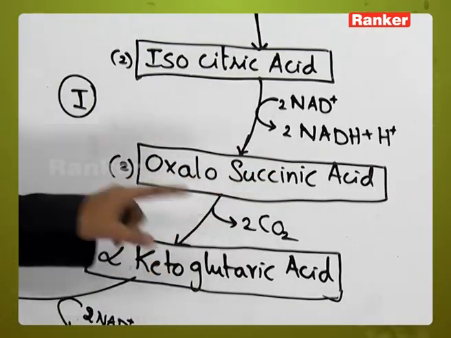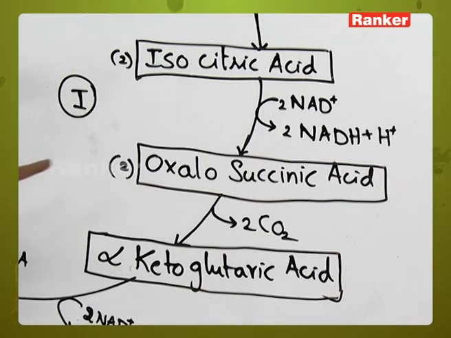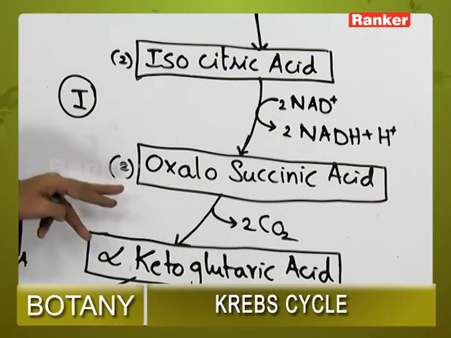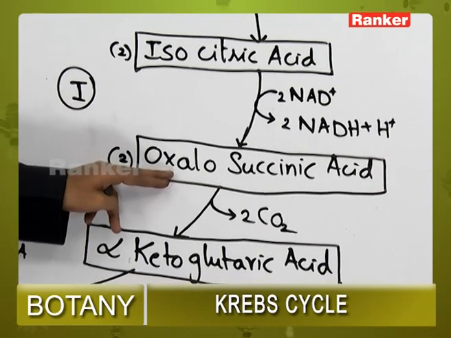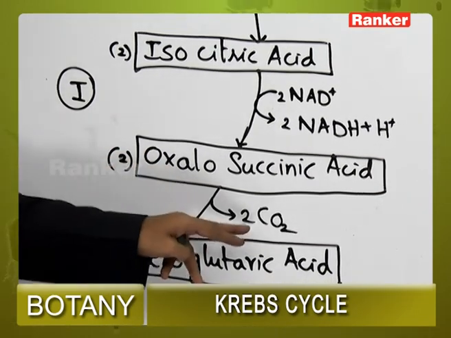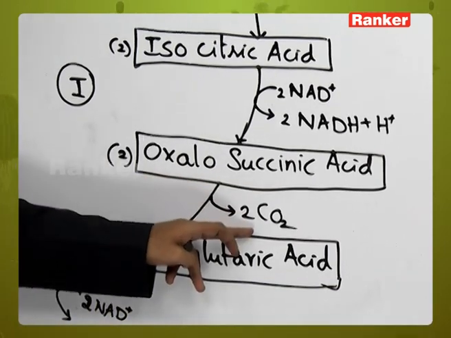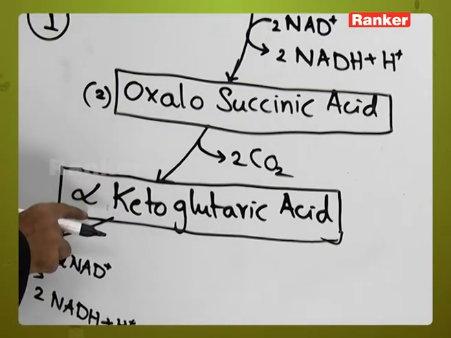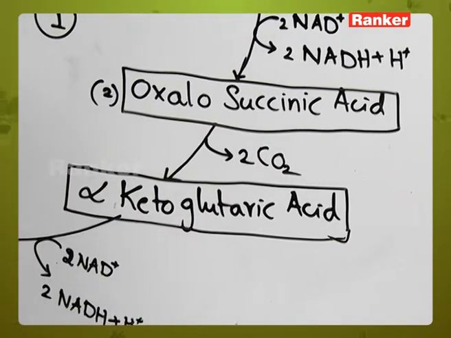Next, the product is oxalosuccinic acid. It undergoes a decarboxylation reaction. Carbon dioxide is removed from this component, and after the removal of CO2 it is converted into alpha ketoglutaric acid.